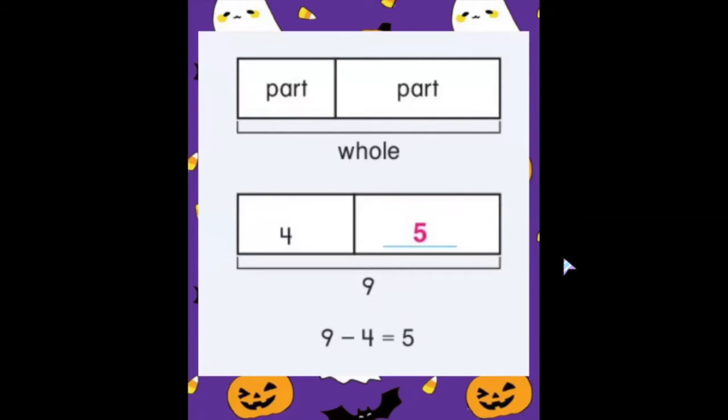It helps us remember what we know, like the part and the whole, and it helps us see what we need to find, which is the missing part in this case. So we know the whole is 9, the part that we know is 4, and we can use the bar model to see what we need to find, which is the missing part, 5.